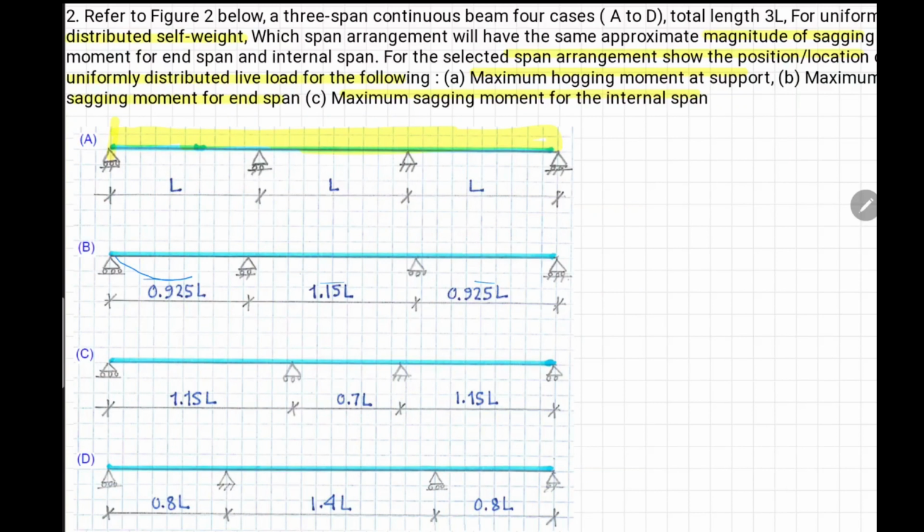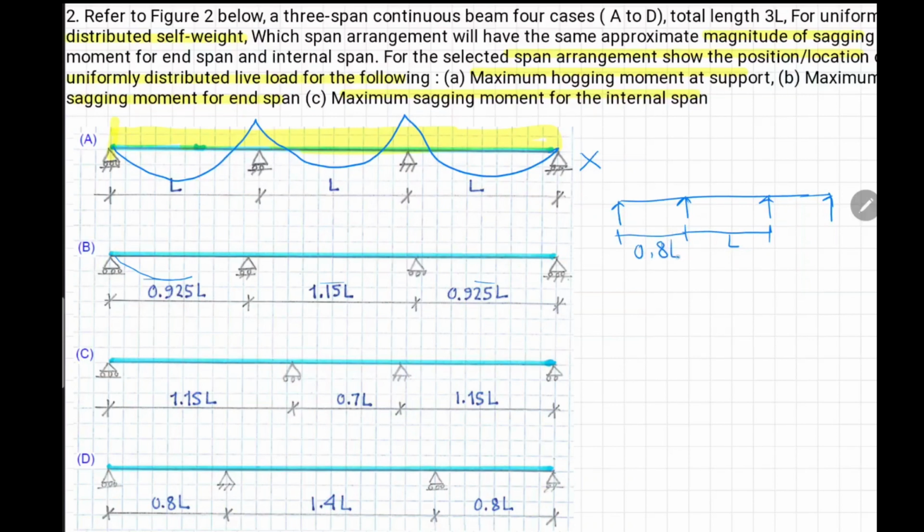So as we remember, if I have a 3-span continuous beam, then my sagging moment is high for the end span. So this case is out. If I remember correctly, when we have a 3-span arrangement, we keep the end span, if this is L, around 80% to get uniform sagging moment for all the 3 spans.